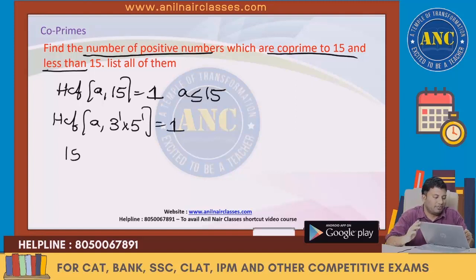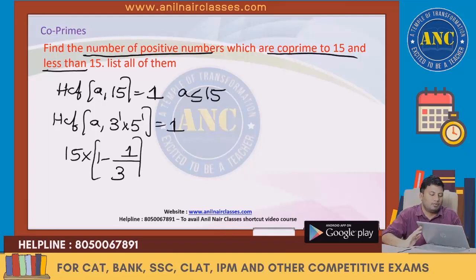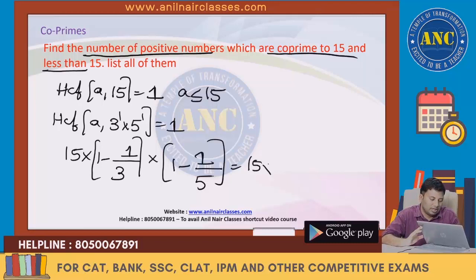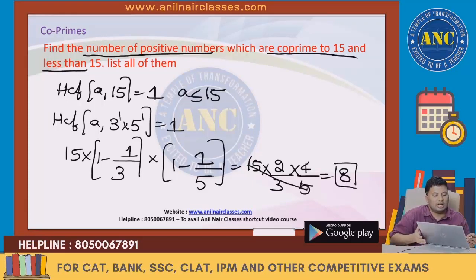Out of 15 consecutive natural numbers, for every 3 consecutive numbers, one number is divisible. How many are not divisible? 1 minus 1 by 3. Out of every 5 consecutive numbers, one is divisible, so 1 minus 1 by 5. This is nothing but 15 into 2 by 3 into 4 by 5. The answer is nothing but 8. There are 8 numbers which are co-prime to 15.